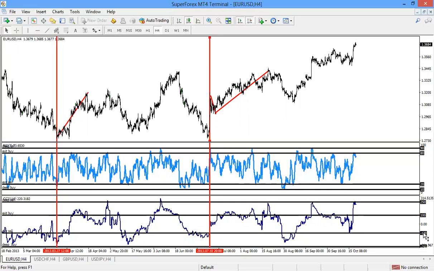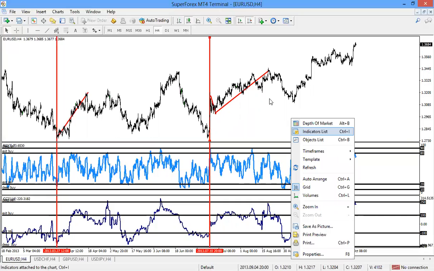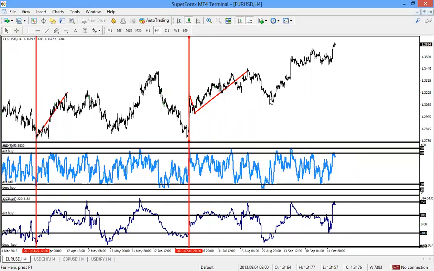You still have a flaw. You still have a challenge. So what do you do? You need to combine the leading indicators with the lagging indicators so that they can help you in predicting the market correctly.